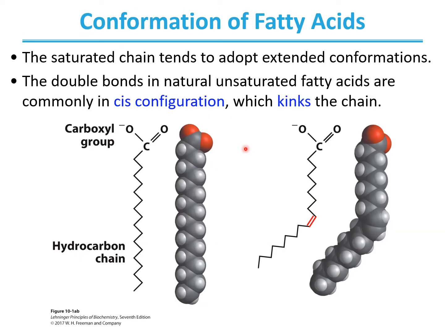Now, the conformation of fatty acids is different whether they are completely saturated or unsaturated. The double bond, which is in cis conformation, will induce a kink, i.e. a change in the orientation of the hydrocarbon chain.